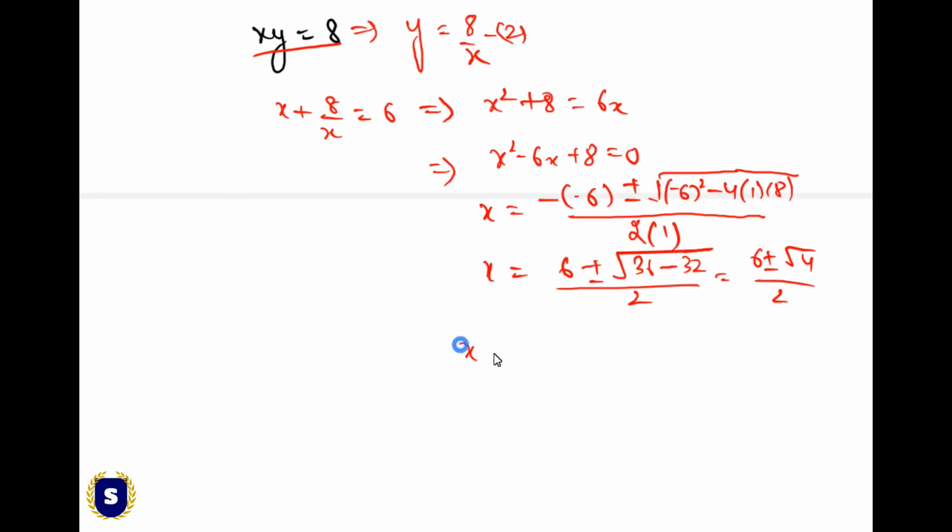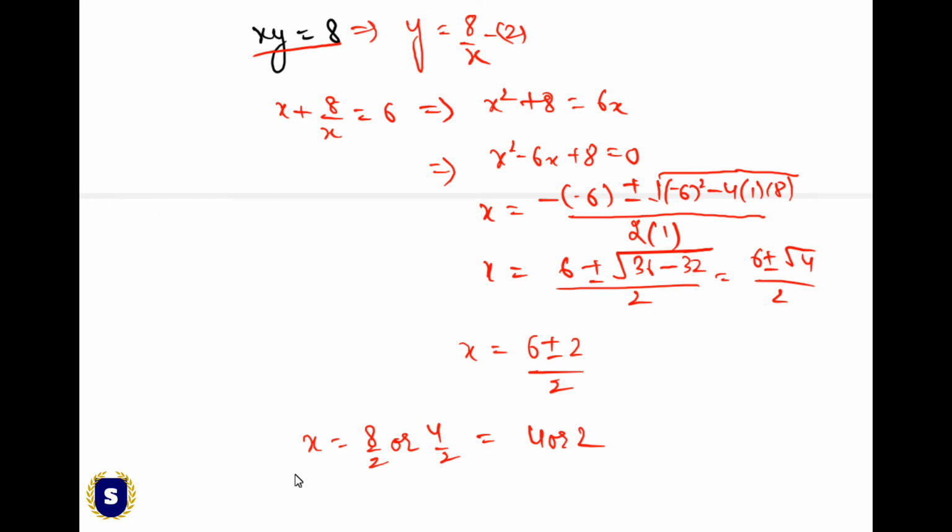So x is equal to 6 plus minus 2 upon 2, that is x is equal to 8 upon 2 or 4 upon 2, which is equal to 4 or 2. So the value of x is either 4 or 2.